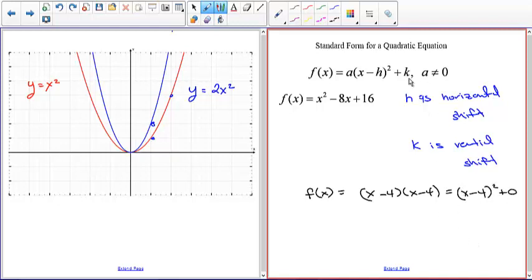I just put the 0 there so we can see what k is. So what we have is h is equal to 4 and k is equal to 0. So this is the x shift and this is the y shift. It's also the coordinates of the vertex, which is going to be 4, 0.